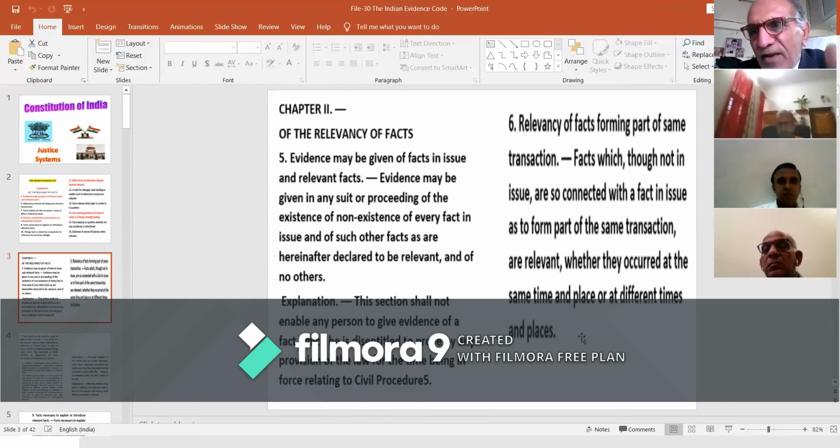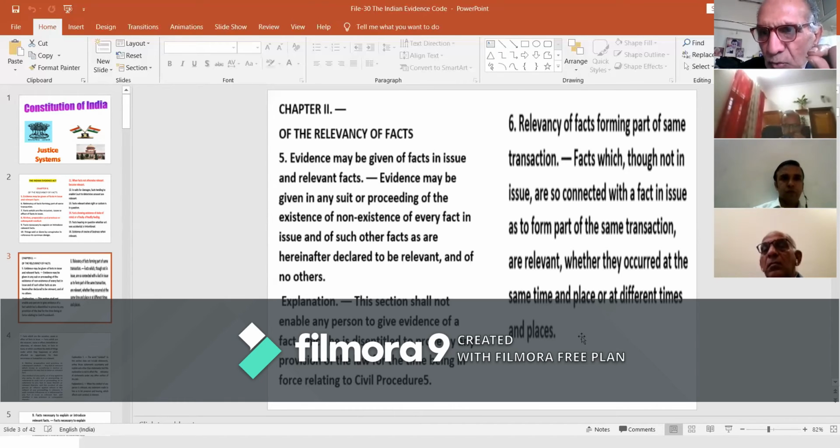It means it is made exhaustive. It has been made specific that evidence can be led only with respect to the existence or non-existence of every fact in issue, and the facts which have been declared relevant here in this chapter.